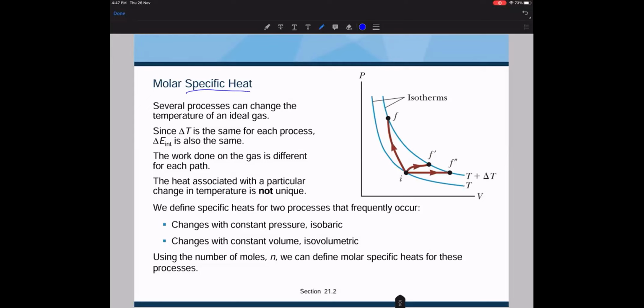So here, you may have initial state at I. Initial state is at I. And you may decide to change the temperature of the gas from T to T plus delta T.